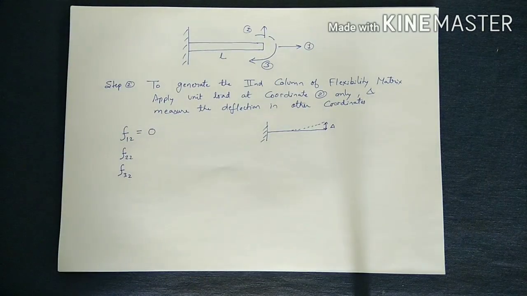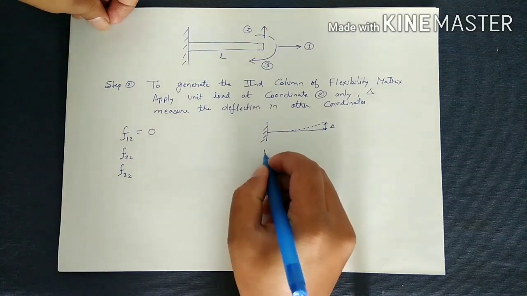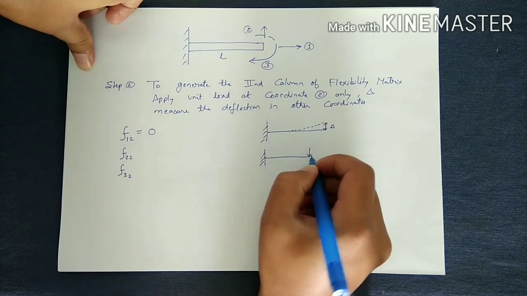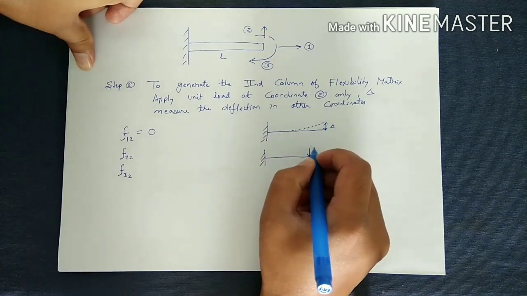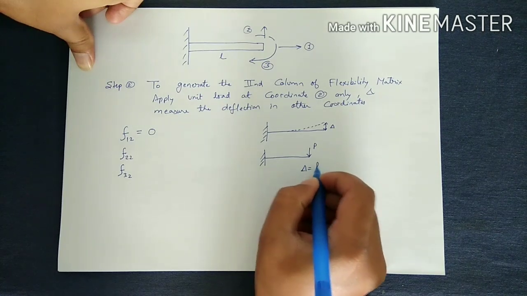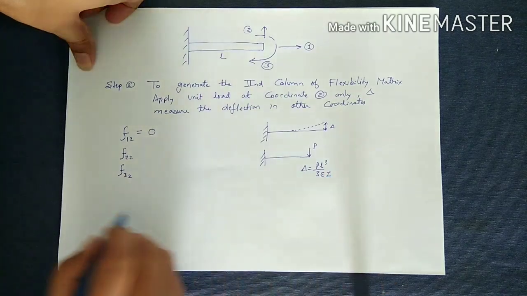Now for generating flexibility at 2 when unit load is applied at 2. Since we know this standard case, that is, when a cantilever is subjected to a point load at its end, then deflection is equal to PL cube by 3EI.